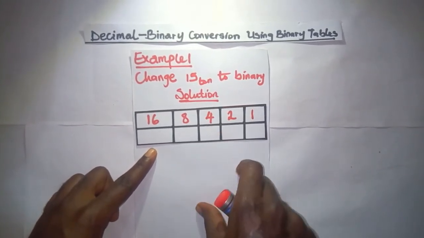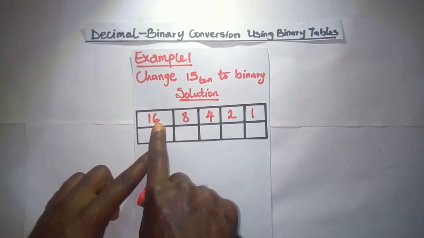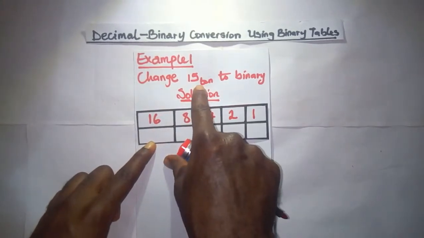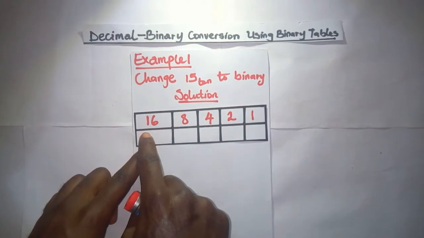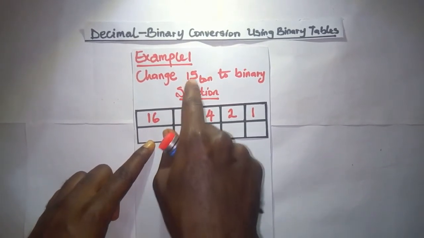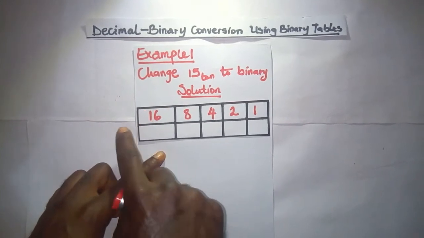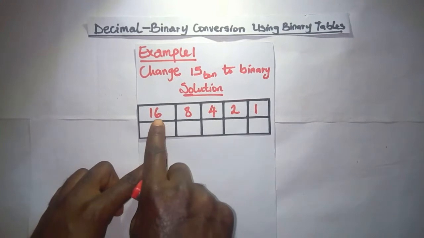It is important to note that the number you have here must be bigger than the number in question. The number we are using to convert, we must have a number on this table that is bigger than that number. And that is the reason why we don't need to write 32 and 64 and the rest of them, because we have gotten 16.